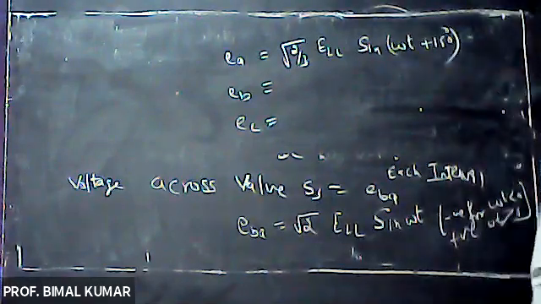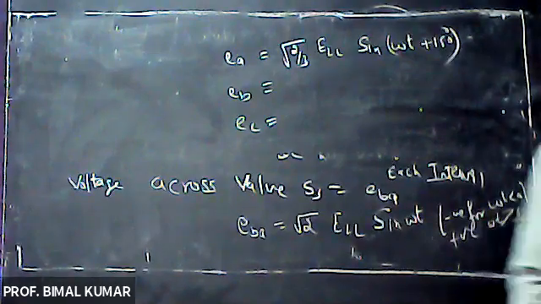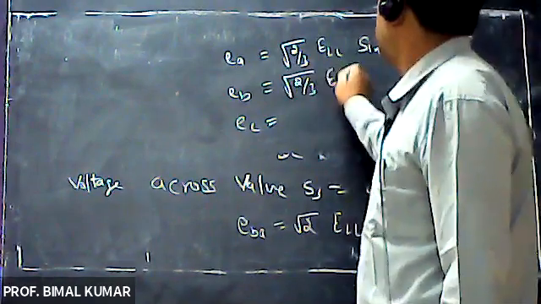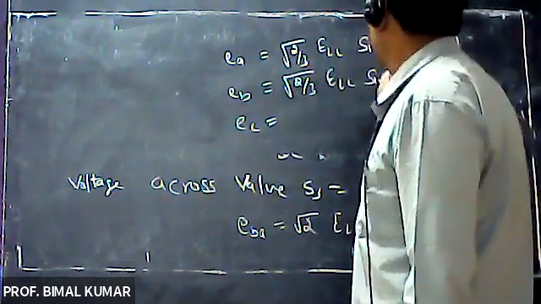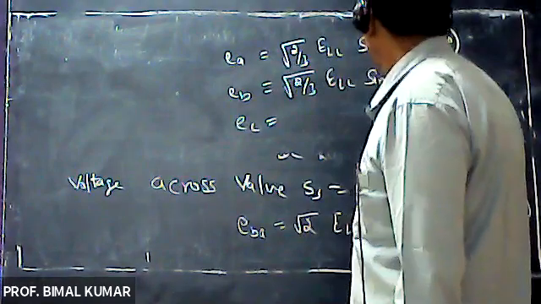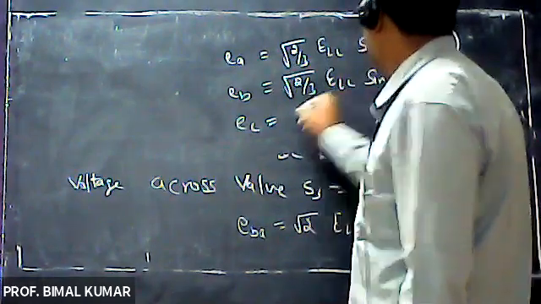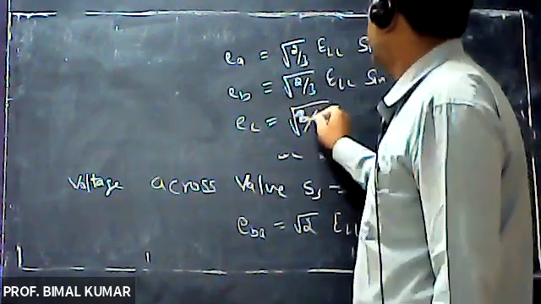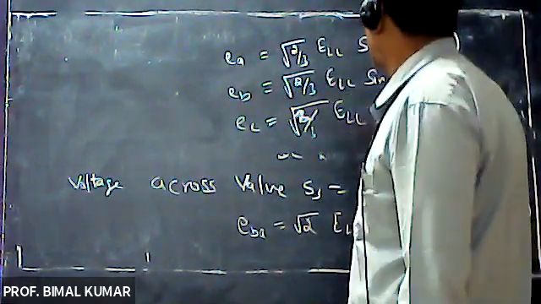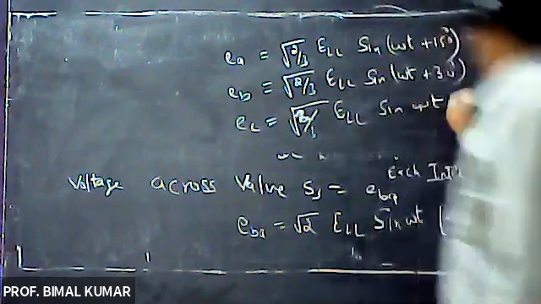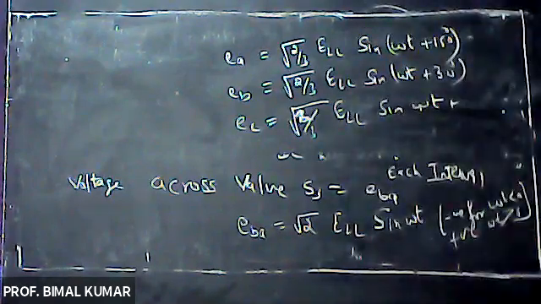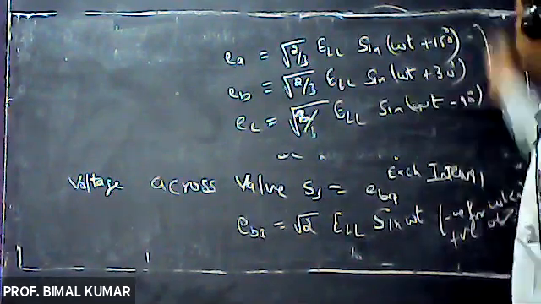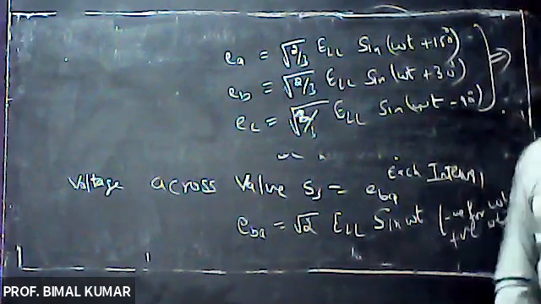Then EB is equal to root 2 by 3 ELL sine omega t plus 30 degree, and EC is equal to root 2 by 3 ELL sine omega t minus 90 degree. So these are the three equations.